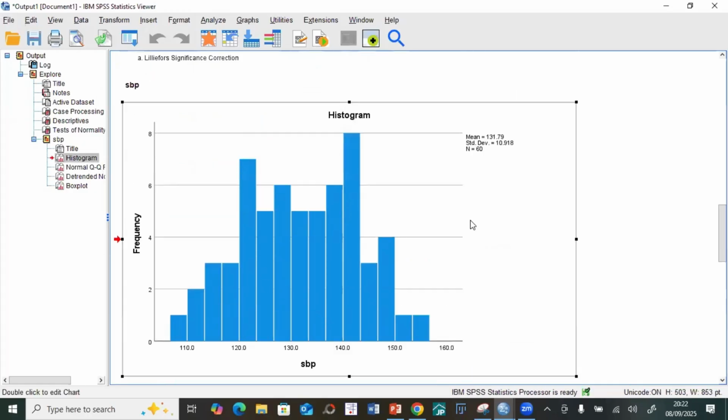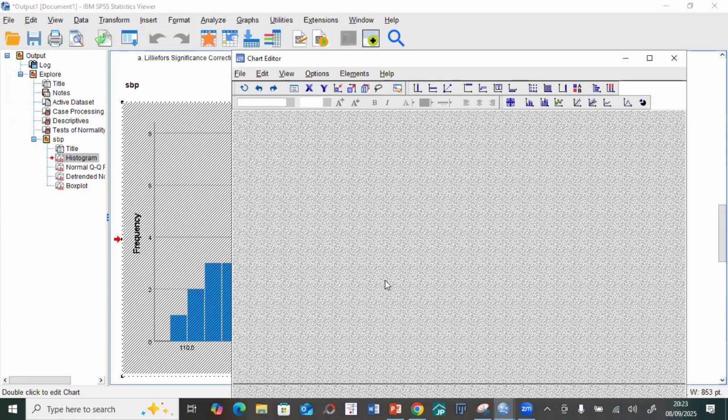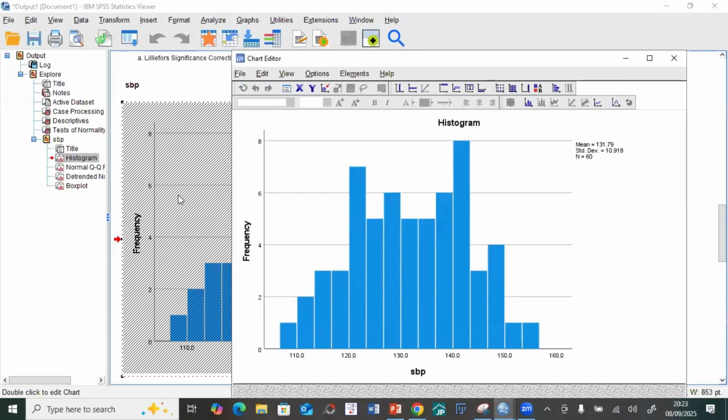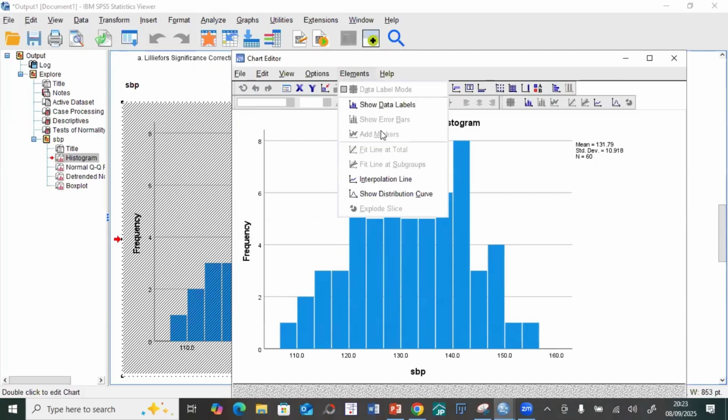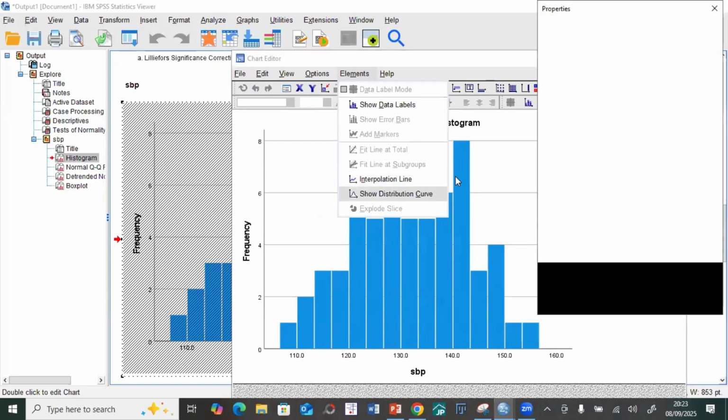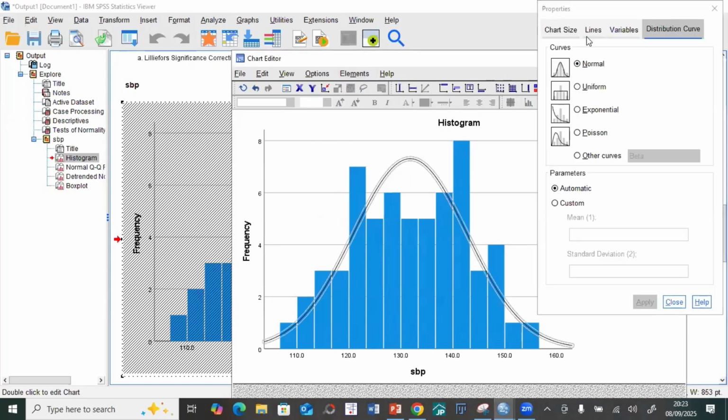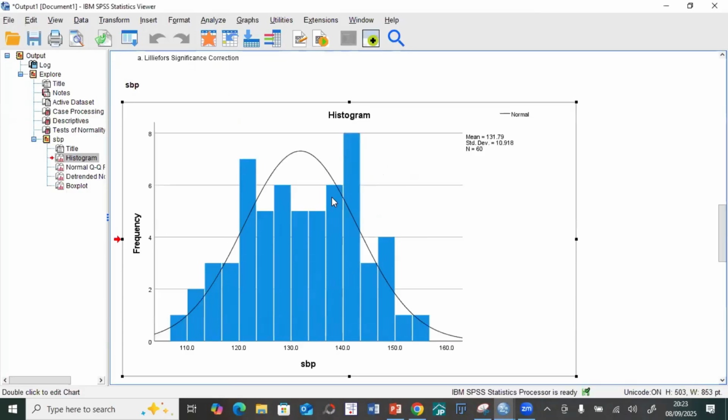We agreed that normally distributed data in the histogram usually assumes a bell curve kind of distribution. If you double click on the histogram, go to elements and add the distribution curve, which is the line of best fit, you can see that the superimposed line assumes a very nice bell curve and suggests that the data could be normally distributed.